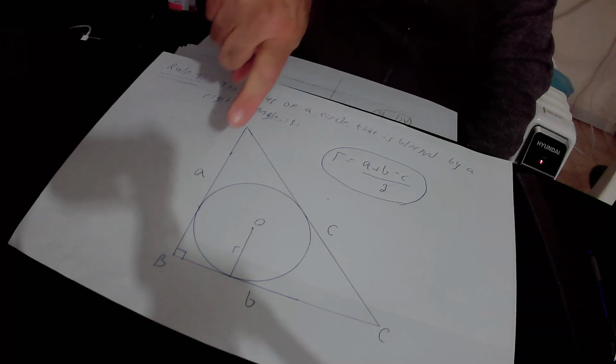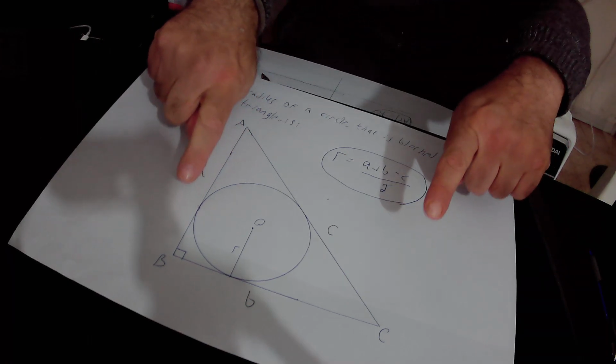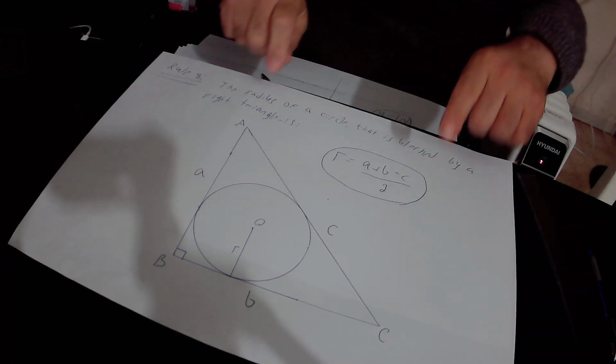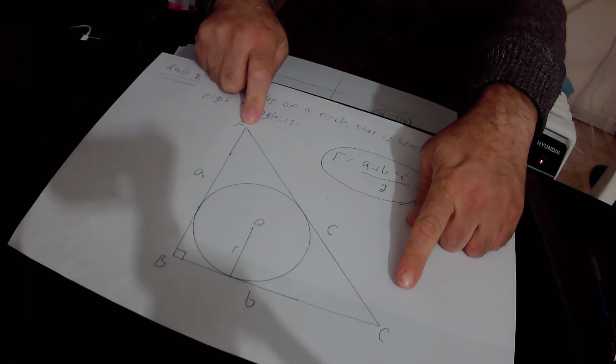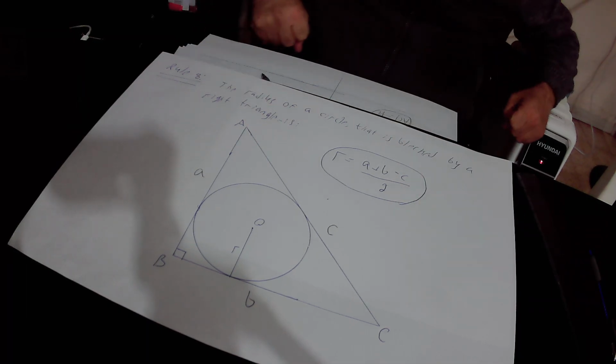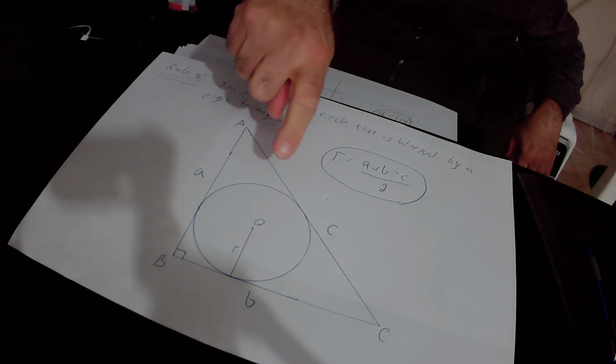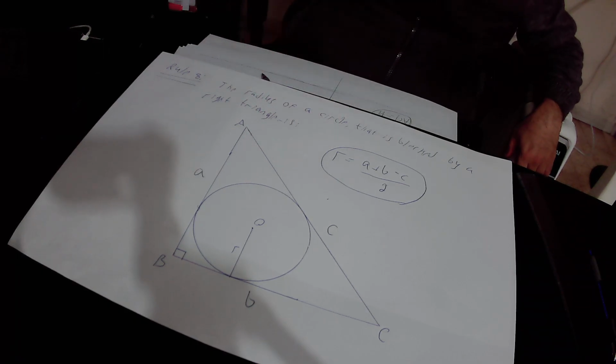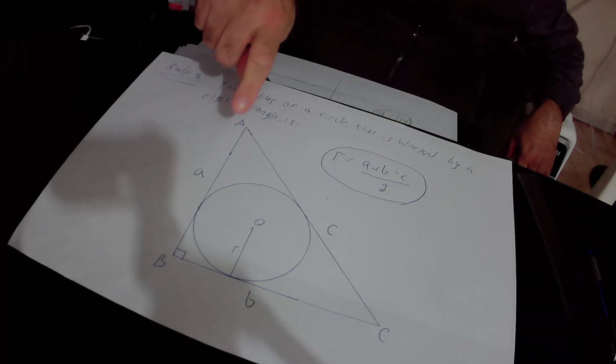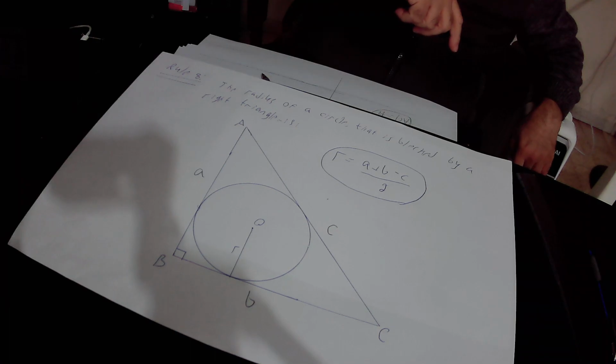The length of side AB is A units, side BC equals B units in its length, and side AC equals C units in its length. Then, according to rule number 8, you can find out the radius of this circle that is equal to R only by knowing the side lengths of the right triangle ABC.